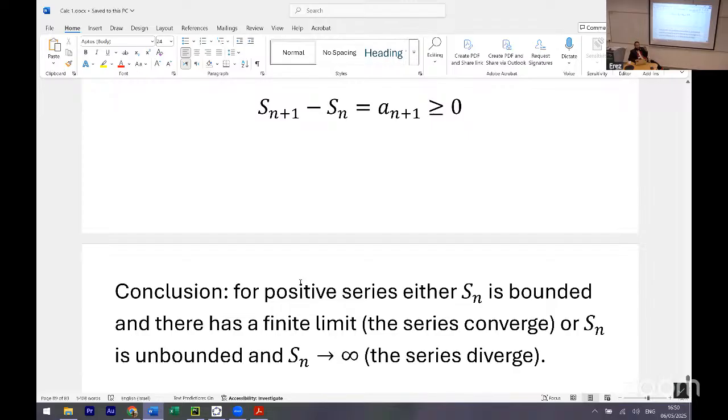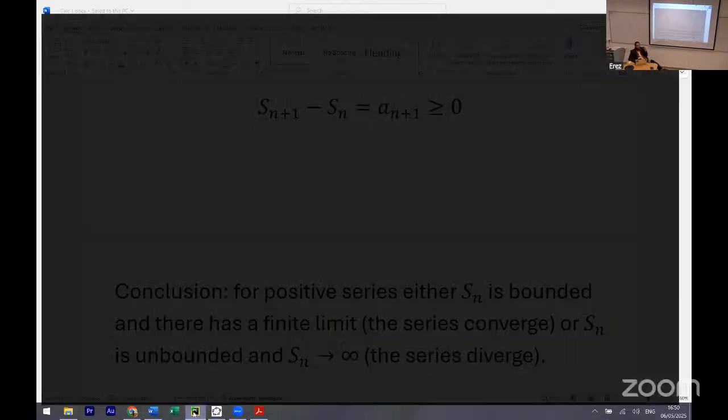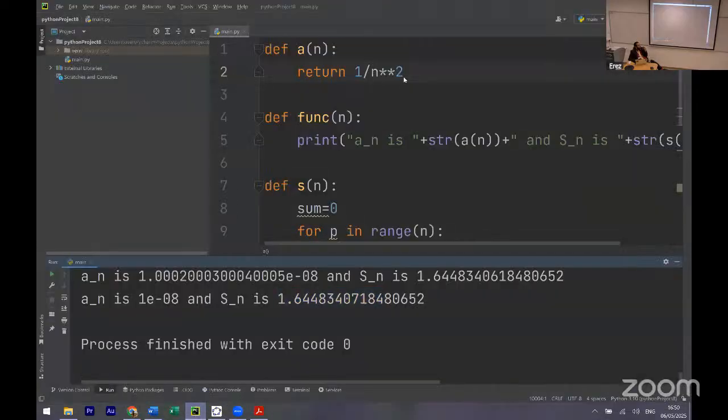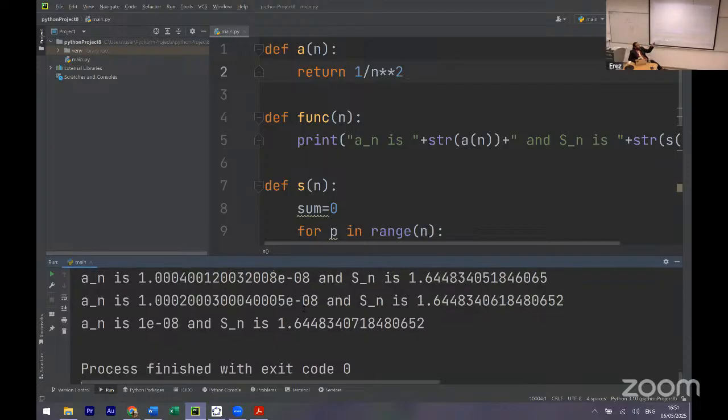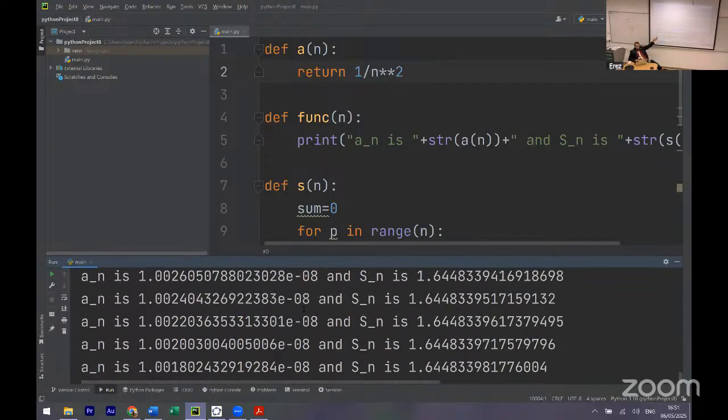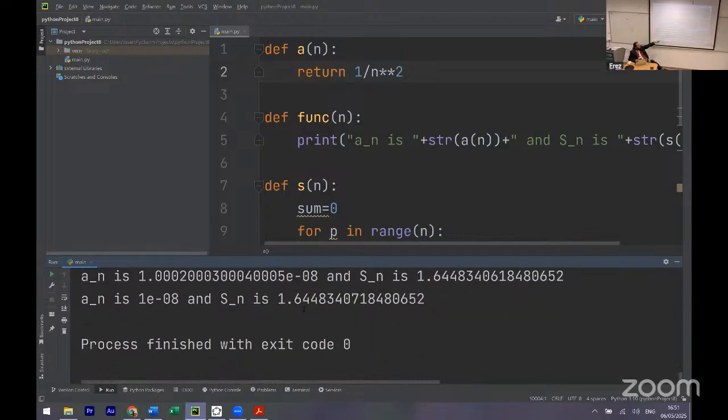And that's what we saw when I used Python. When I took a converging series, we guessed, it's not proof, that the sum is bounded. But when I took a diverging series, let's run it again.